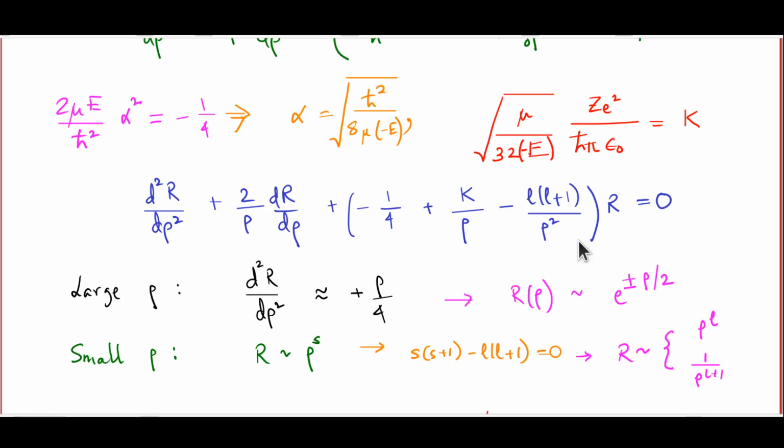So, one important feature here is that we will expect a Frobenius-like solution to the problem around rho equal to 0. So, you can write the solution in powers of rho, but powers which do not necessarily start at a constant. It starts at rho to the s.